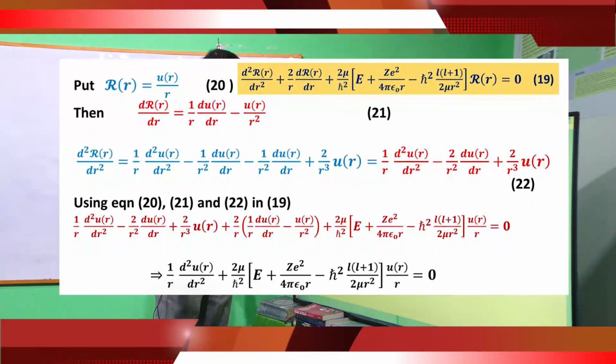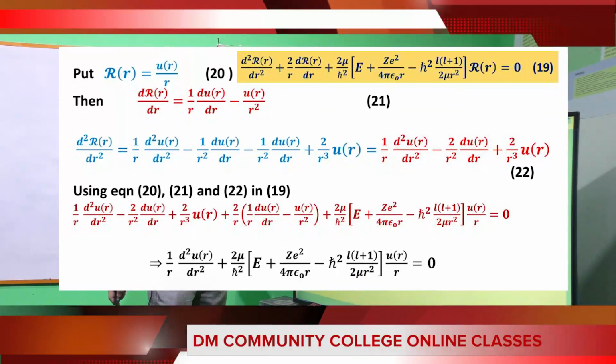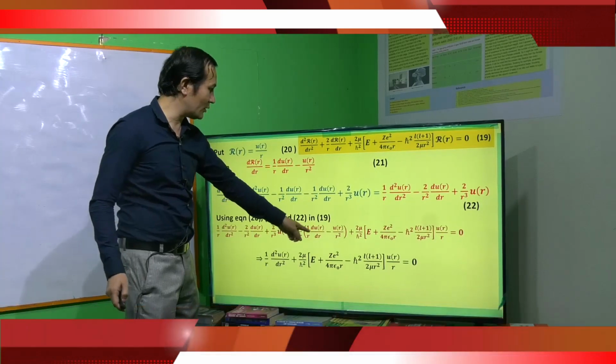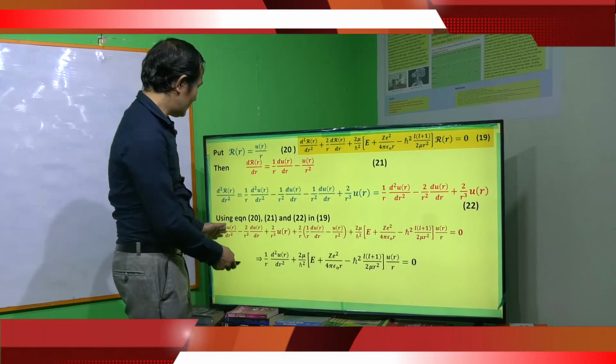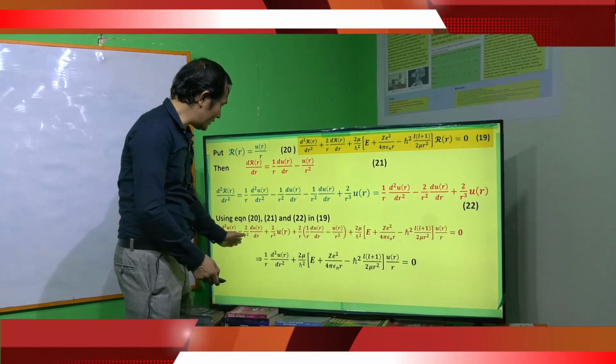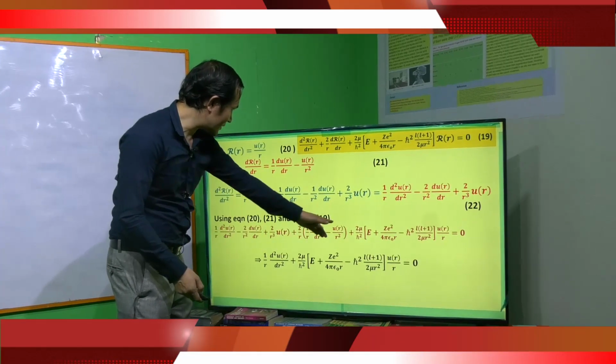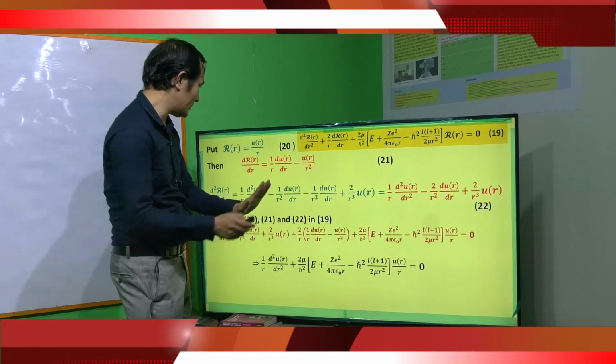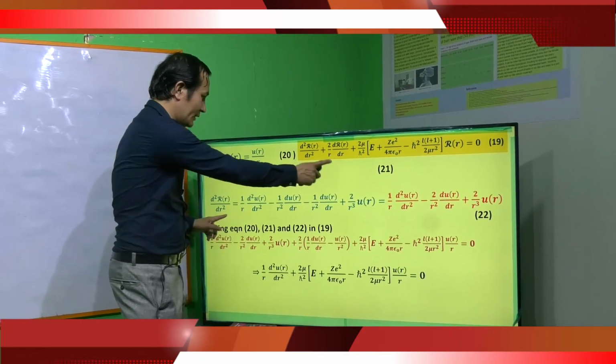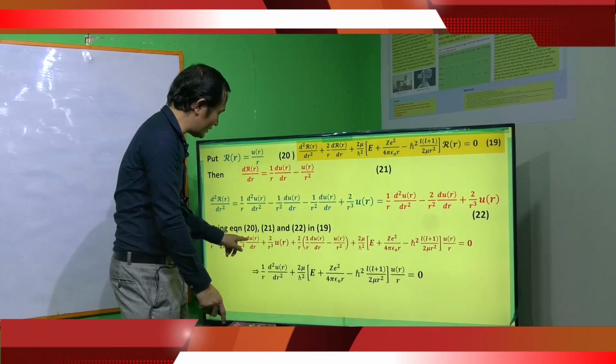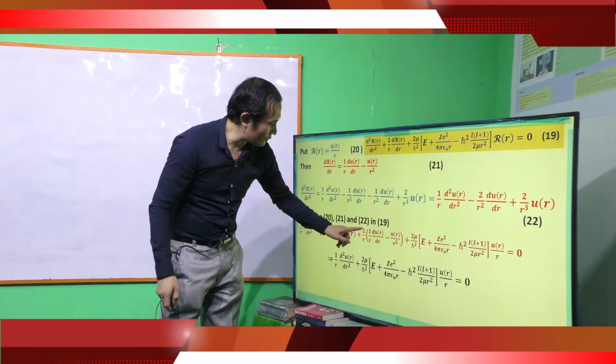We'll see this one. After simplifying, I take the second order derivative as it is here, and group the first order derivative du by dr. What we find is that this one and this plus term get cancelled. So that term does not contain du by dr, it gets cancelled: minus 2 by r squared du by dr, and here plus 2 by r squared.